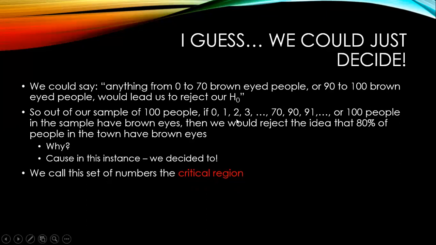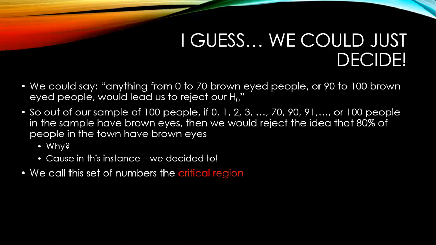So we call this set of numbers here, 0, 1, 2, 3, all the way up to 70, and then 90. So we're forgetting all the numbers between 70 and 90. We're jumping straight to 90, 91, all the way up to 100. We call this set of numbers the critical region.